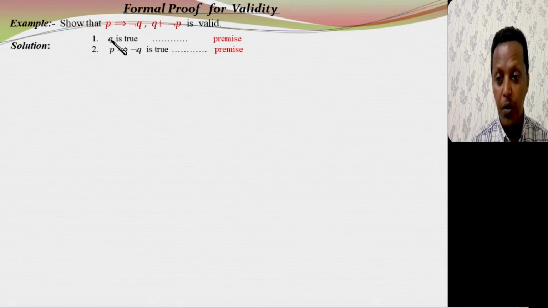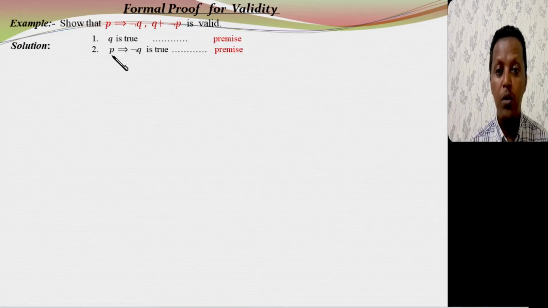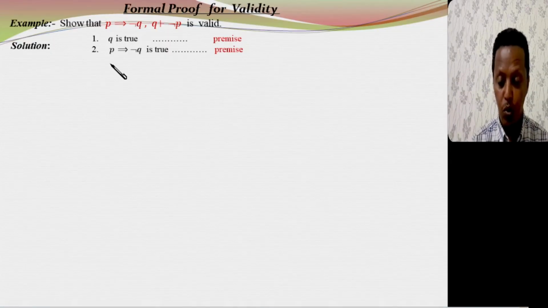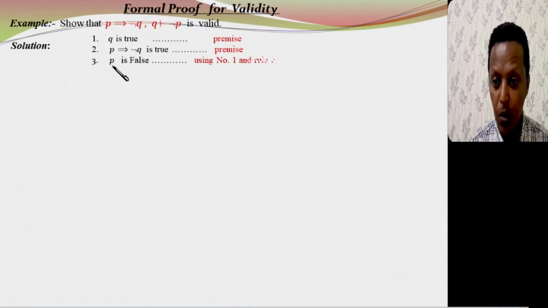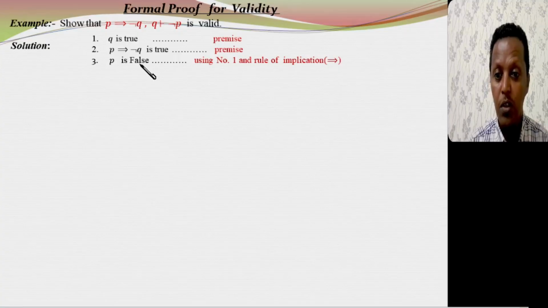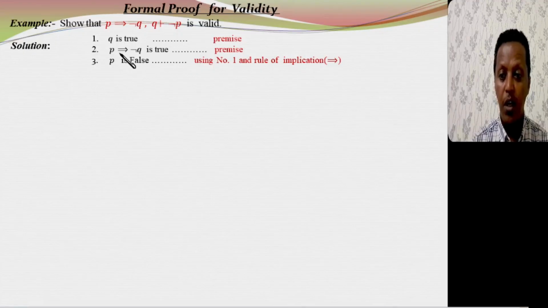Because if Q is true, negation Q is false. So in order for P implies false to be true, the only option for P is false. Unless P is false, the second premise will not be true. So we can decide P is false from the first assumption, number one, and the rule of implication.